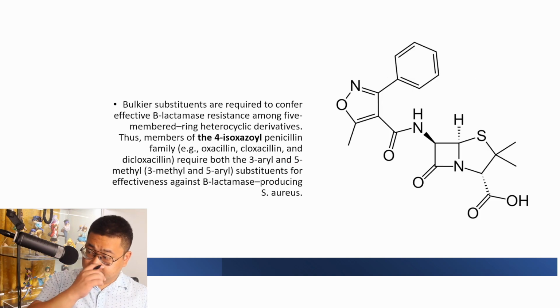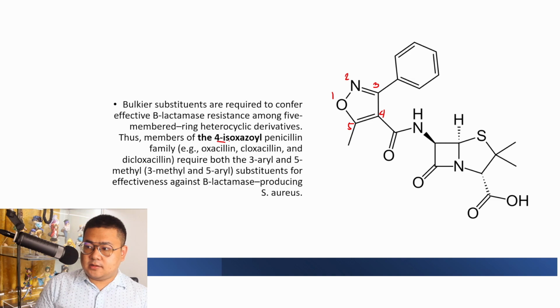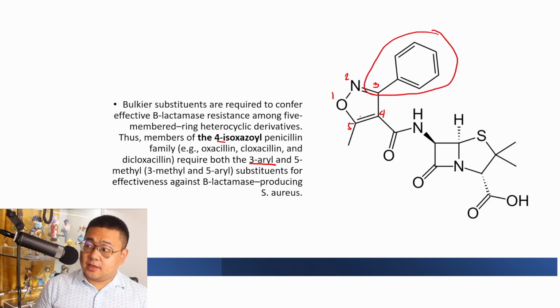And the numbering is 1, 2, 3, 4, 5. It is called 4-isoxazolyl because the alpha carbon, or the attachment point, is at 4. Okay, so it will require that 3-aryl and 5-methyl.